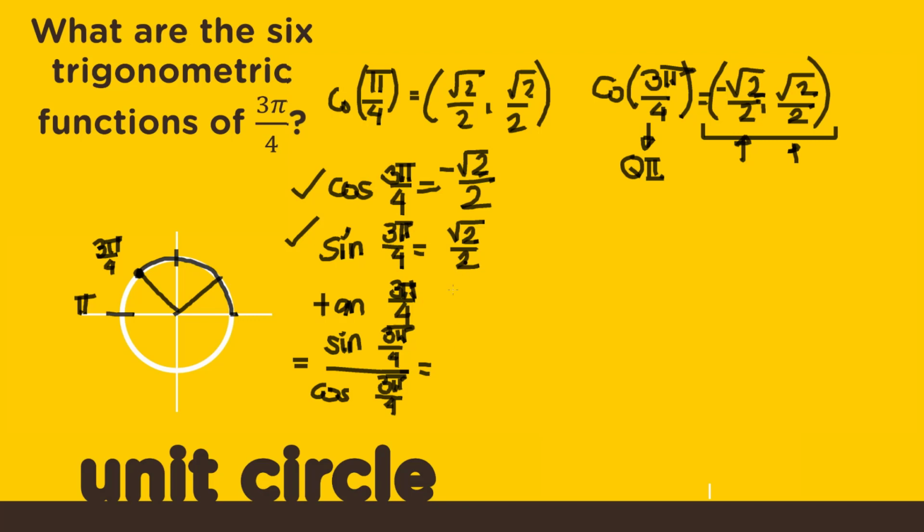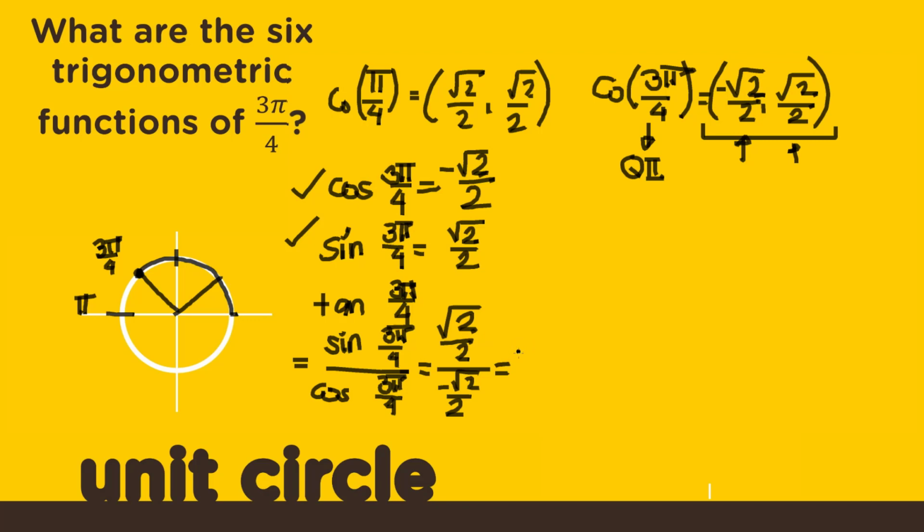Our sine is actually positive square root of 2 over 2, and our cosine is negative square root of 2 over 2. I do hope that my spaces here are enough for the rest, because once you have here a ratio of rational expressions, you're dividing rational expressions. If you're going to do that, take note of the steps.